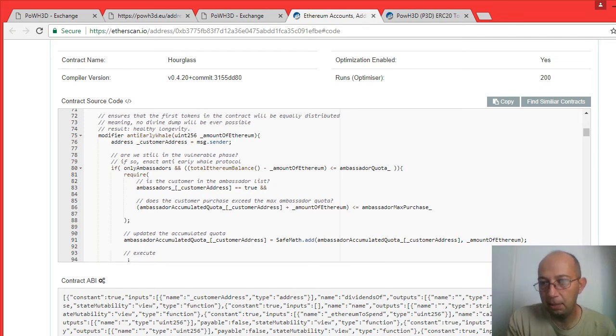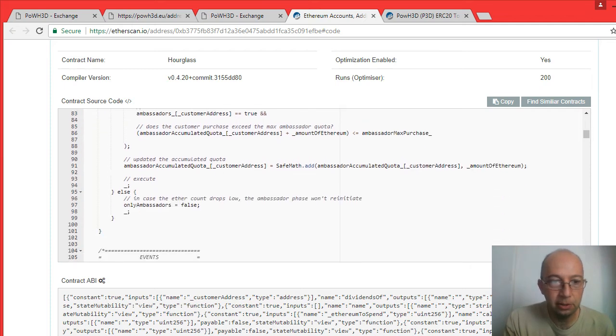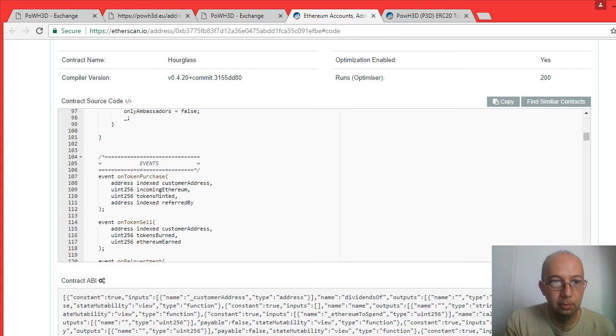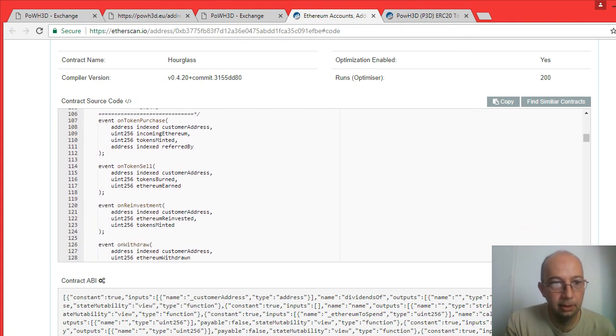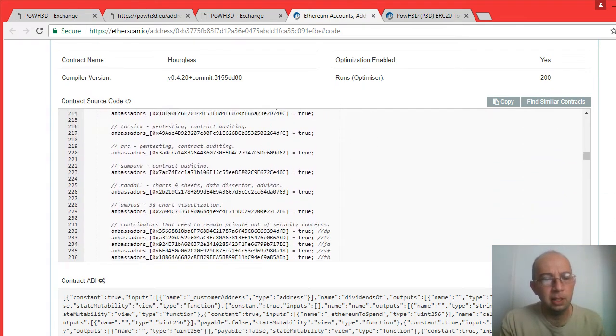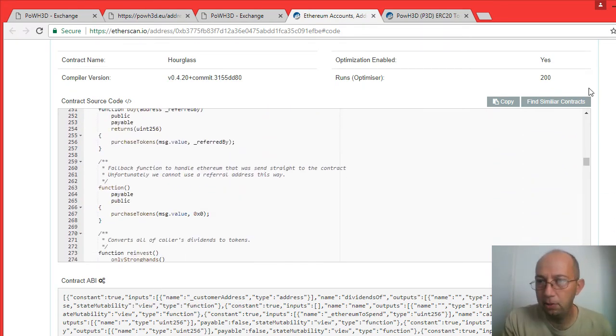Basically, they set a little timer saying that people couldn't come in and just buy a huge amount of coin right at the beginning. They were maxed out to 1 ether, so none of the devs could make a purchase bigger than 1 ether at the time. This is showing some of the more simple functions. I don't want to get too much into this. That's going to be a little more technical than people want to see.